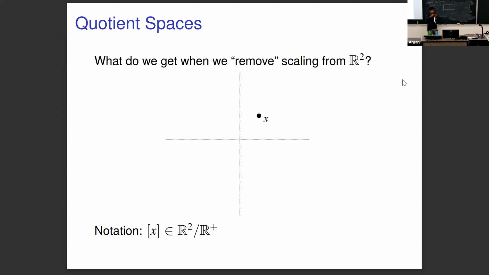The example that people mostly quote is that it looks like, it's a little hard to draw, but let me try. Right.